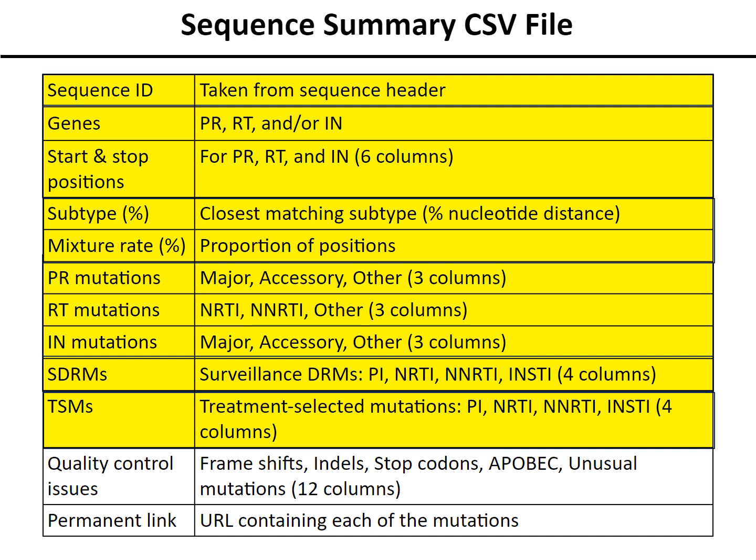They generally only occur in combination with other well-established drug resistance mutations. There are 12 columns highlighting QC issues, and the last column is a URL containing each of the amino acid mutations, which allows the HTML output to be viewed in the future.